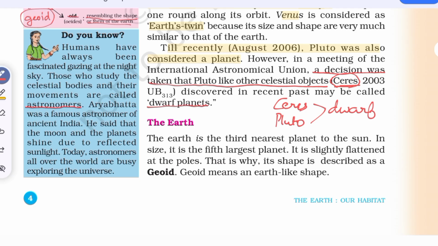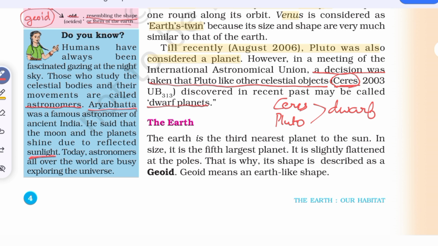Aryabhatta was a famous astronomer of ancient India. He said that the moon and the planets shine due to reflected sunlight.